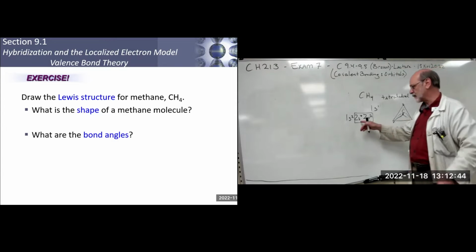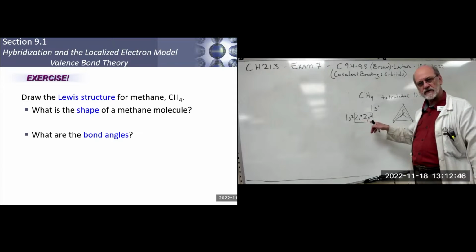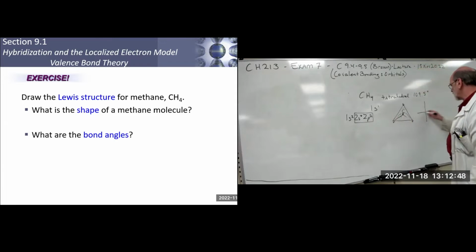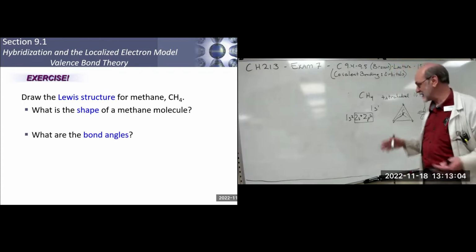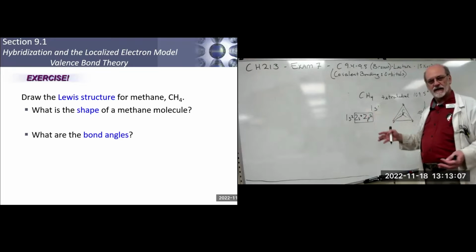Well, you can't get that from 2 s's and 2 p's, right? Because the p orbitals are going to be like that, right? And we're only going to use 2 of them. But the s orbitals are like that, right? You can't get a tetrahedral structure out of that.